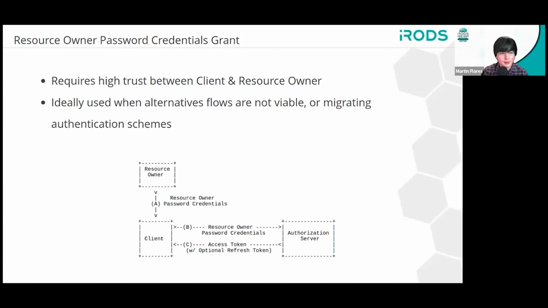And this is ideally used when either alternative flows are unavailable or you're migrating from an existing authentication system, which takes username and password, over towards an OAuth or OpenID Connect authentication scheme. So yeah, we chose this particular grant because it was relatively simple to implement while still requiring a degree of interaction between the client and the resource owner.